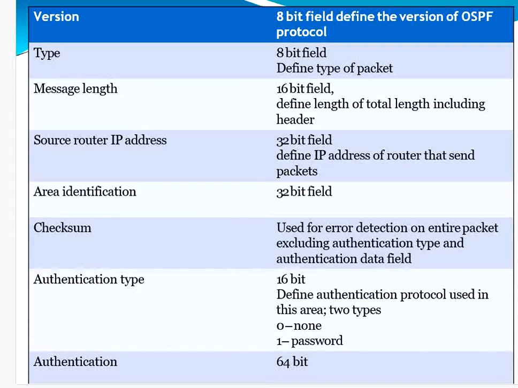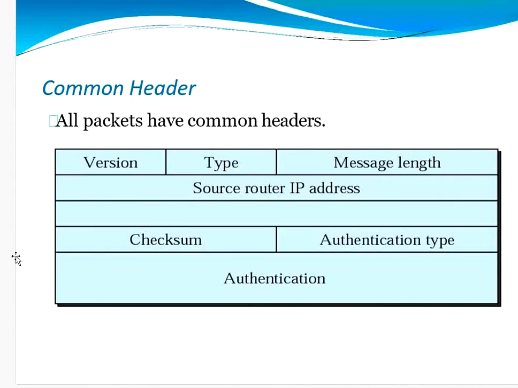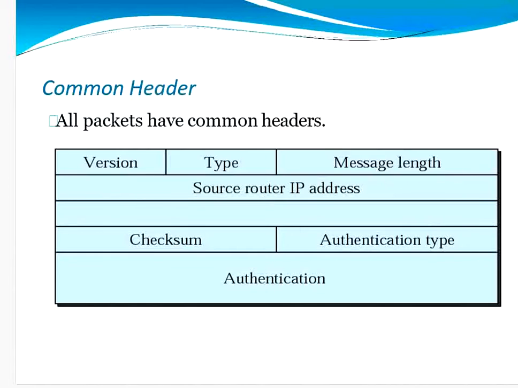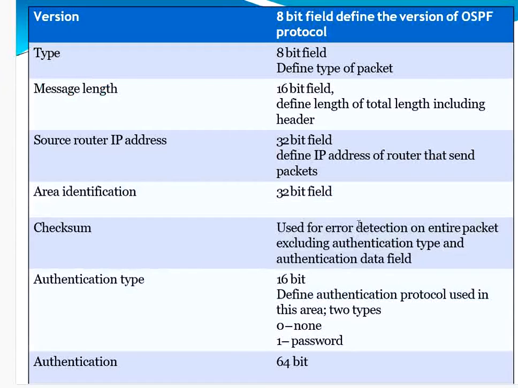The source router IP address is 32 bits and defines the IP address of the router that sends the packet. Area identification is also specified here, and it is a 32-bit field.